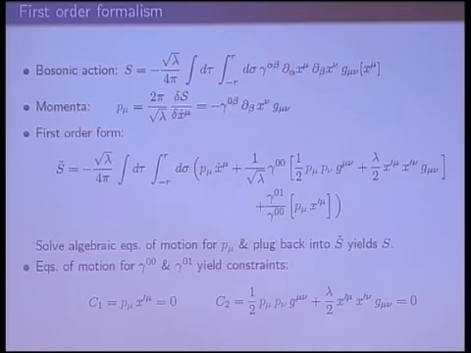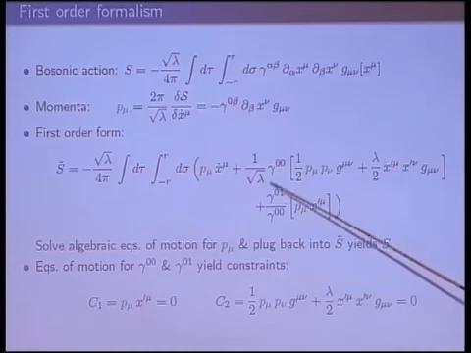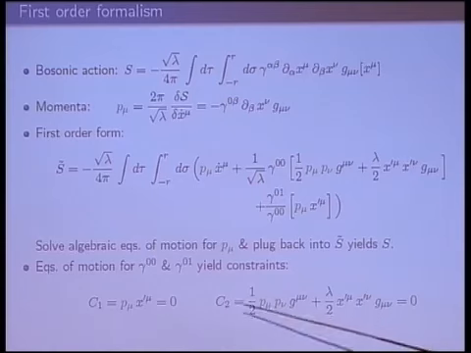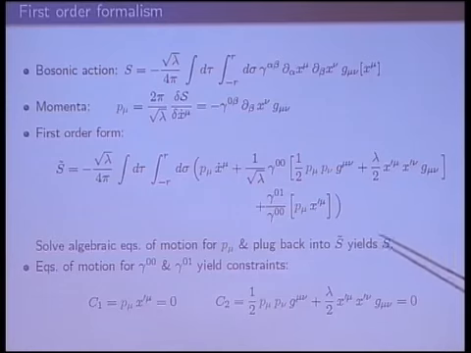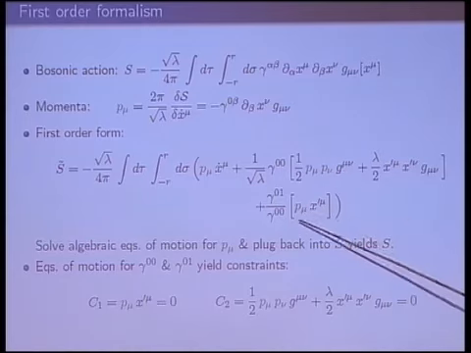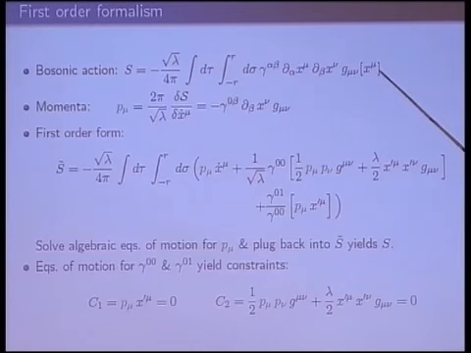And here you see very nicely how the world sheet metric gives rise to constraint equations, which are just these two bracketed expressions. C1 is the first constraint, C2 is the second constraint. If I now look at the equations of motion for P of this S tilde action, which are algebraic, solve them, plug them back in, I end up with S.